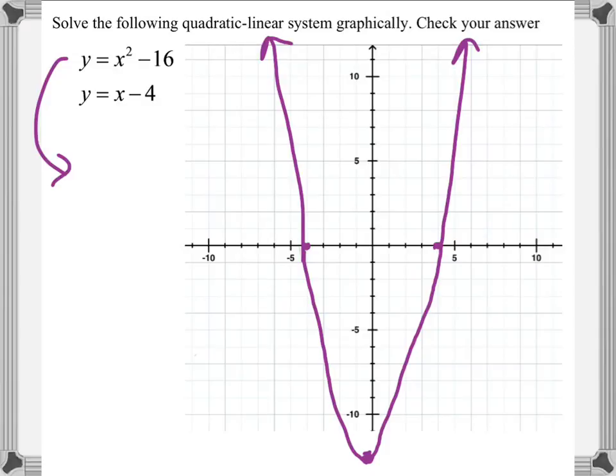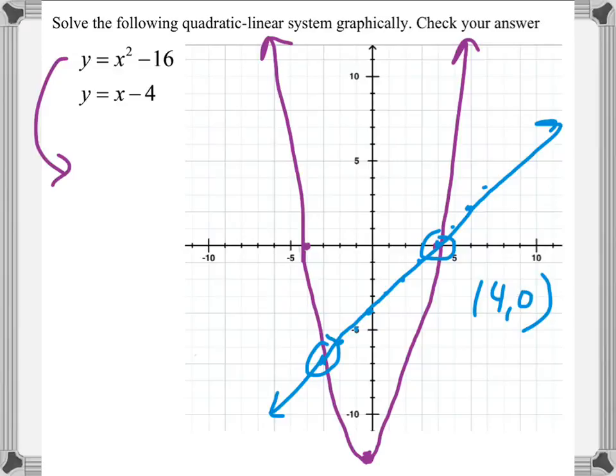Okay, and negative 4 is right here for my line, and here are my points right here, and again, it looks like it's hitting at these nice integer values. So I'd have (4, 0), and it looks like (-3, -7). So that looks like that's the solution. So let me go ahead and put this in.